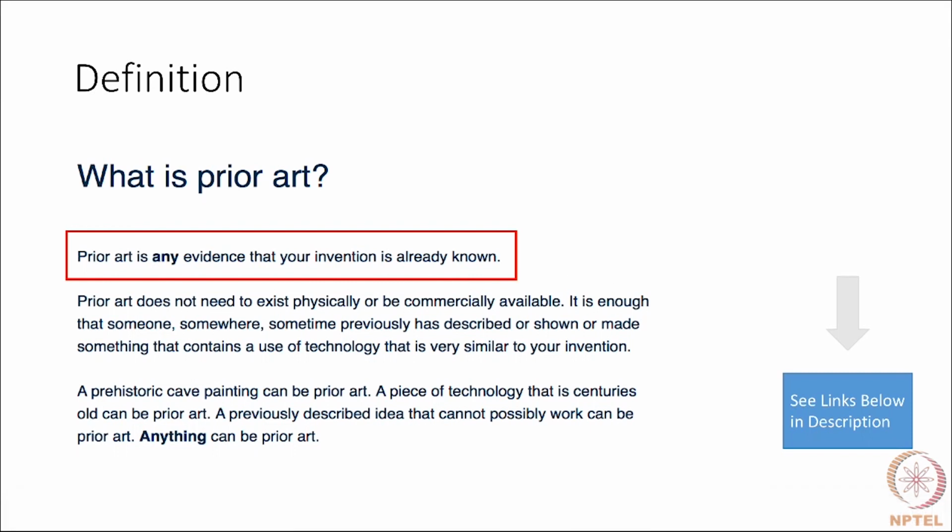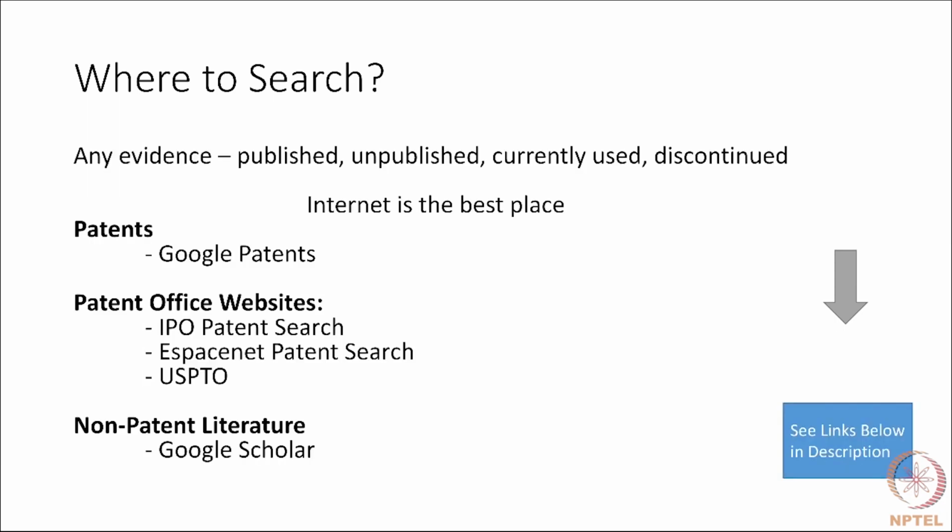Now, we find that prior art, at least the documentary part, is something that you can search. And you can search for the prior art in various places. Any evidence, which means published, unpublished, currently used, discontinued, if it is documented and in a searchable form, then that qualifies for prior art.